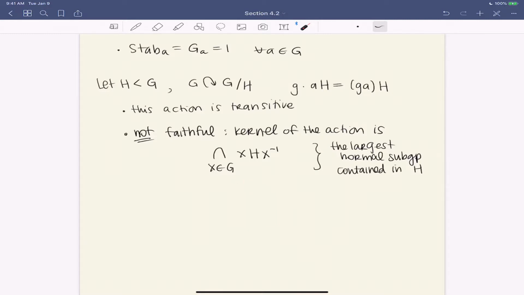So if an element is in this intersection, all of its conjugates also have to be in the intersection because we just intersected. The things that are left belong to a conjugate of H for every element of G.